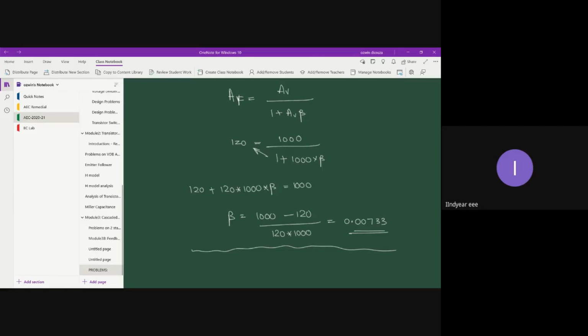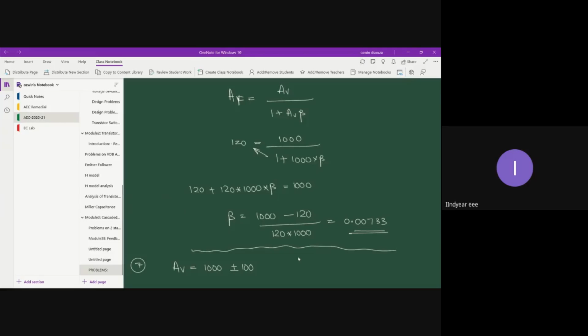Okay, all right, and the 7th problem: let us consider an amplifier with an open loop gain AV equal to 1000 plus or minus 100 available.